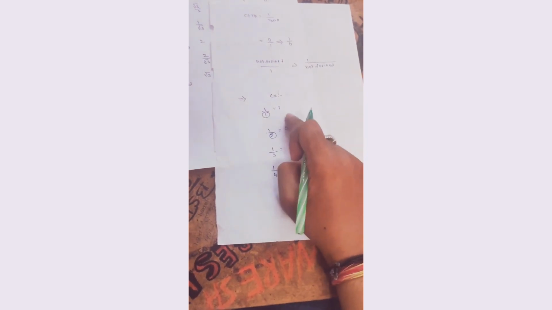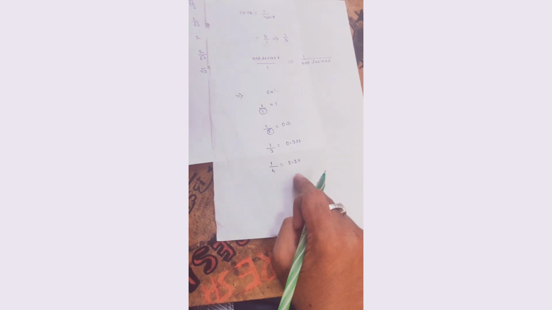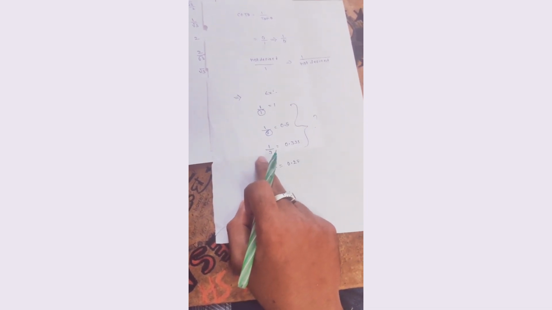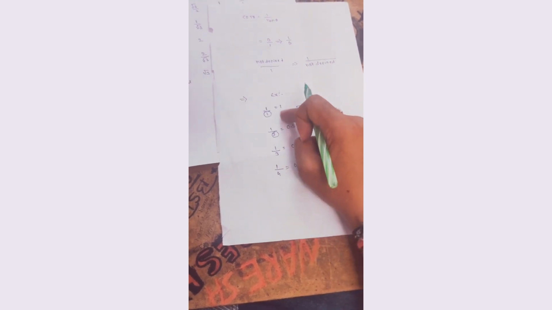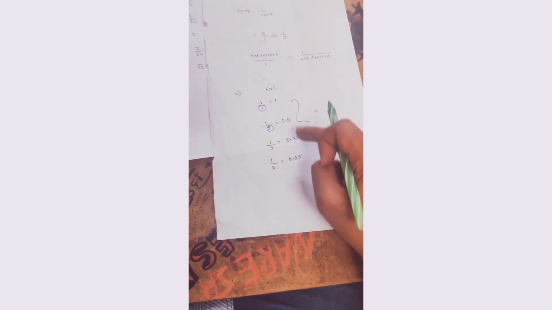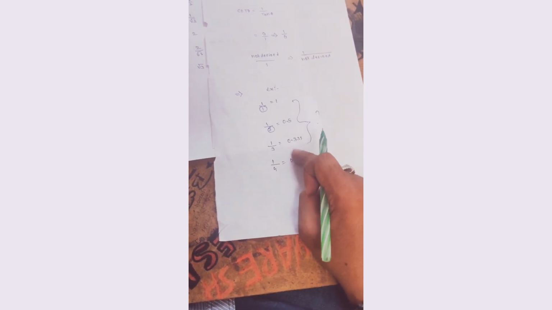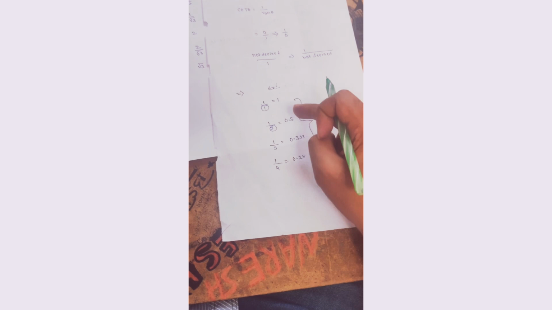Can you guess why I have taken these examples? Because if I increase the denominator, the value we get is reduced. Once again, if I increase the denominator, the value I get is reduced. See here, 1 is there, smaller than 1 is 0.5, smaller than that is 0.33, and a smaller value is 0.25, and so on.